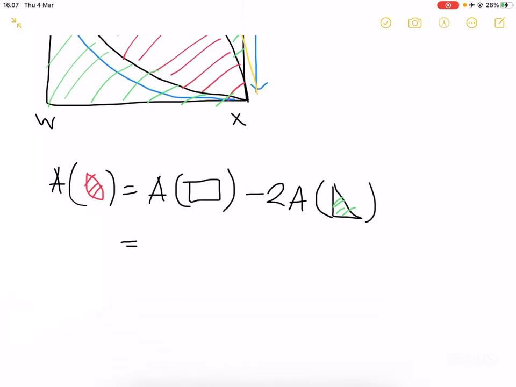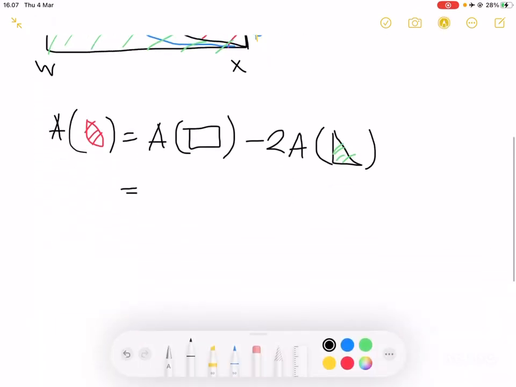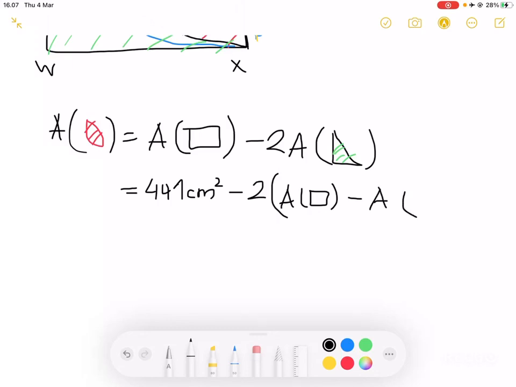So the area of the square is just 21 centimeters squared, which is 441 centimeters squared. And we need to find this. We can form another equation by knowing that this is equal to 2 times the area of the square minus the area of the quadrants.